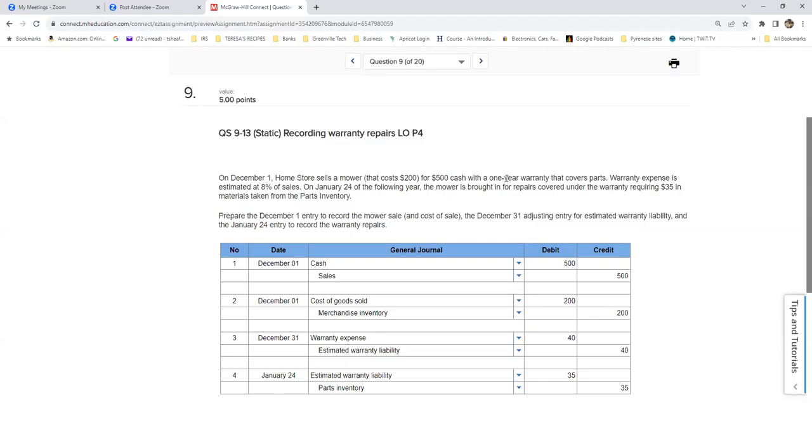So let's look at our first example here. December 1st, sells a mower that costs $200 for $500 cash. So what are we going to do? We're going to record the sale first: debit the cash, credit the sale. Then we have to remove it from inventory. So that's a debit to cost of goods sold for $200 and a credit to merchandise inventory for $200.